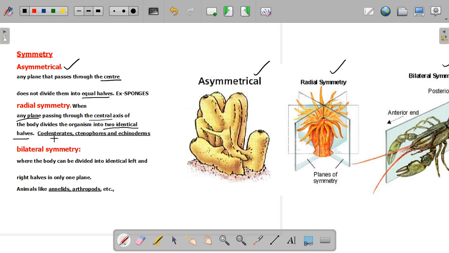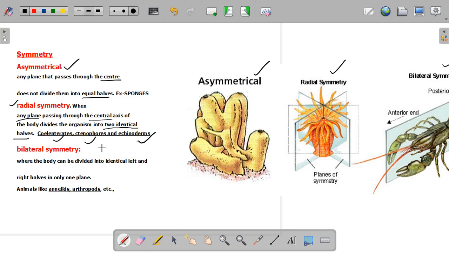That means these groups show radial symmetry. When we cut the organism by touching the center of the body, and it can divide into two identical halves, then we call them radially symmetrical organisms.